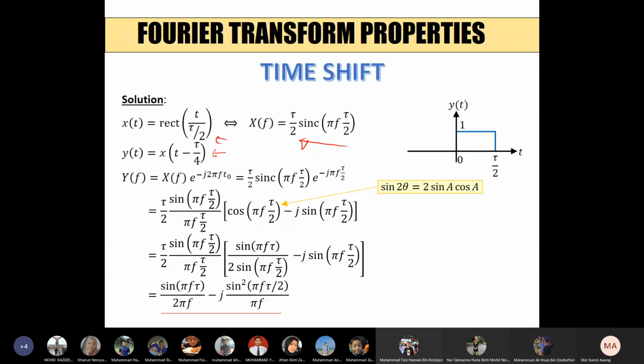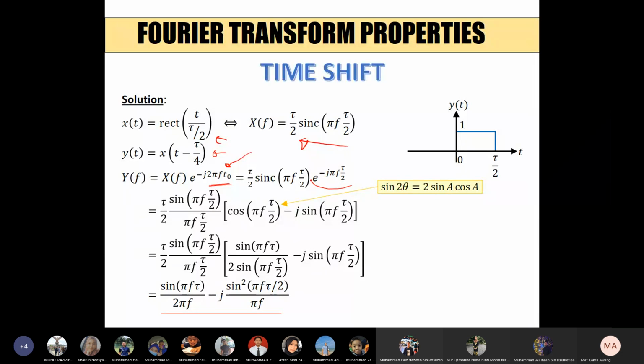Basically you shift, then the result for the transform is that you have a phase shift. So you just plug in this value of t into this. Right? So you get this.